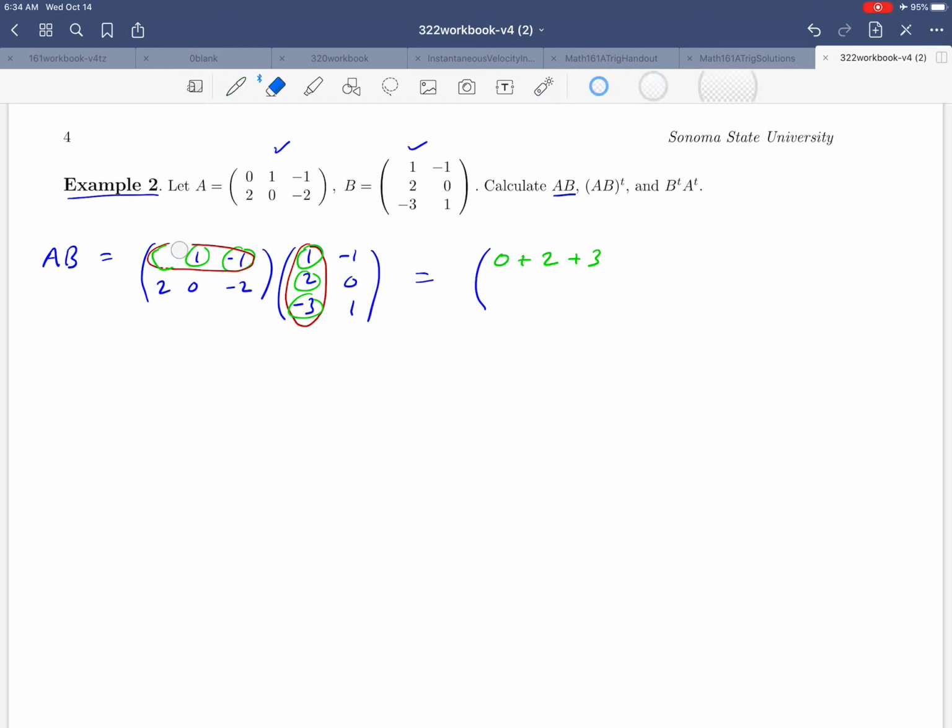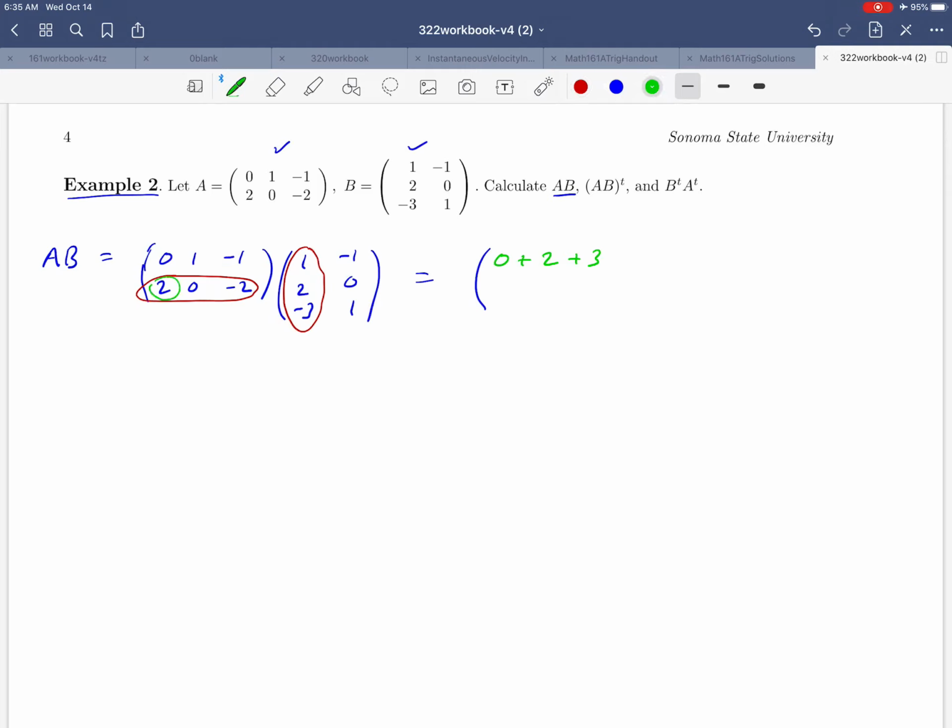Now let's clear away the clutter. I'm going to erase all of the markings that I did and go back to the matrix that we started with: 0, 1, negative 1, 1, 2, negative 3, and we're going to start again. This time we're going to focus on the second row of A and the first column of B, and take the dot product again.